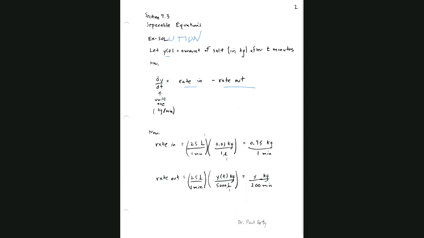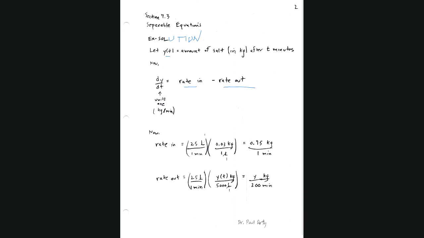So we've got to figure out the rate at which salt's coming into the tank. The brine's coming into the tank at 0.03 kilograms per liter, but the units for our derivative are kilograms per minute.